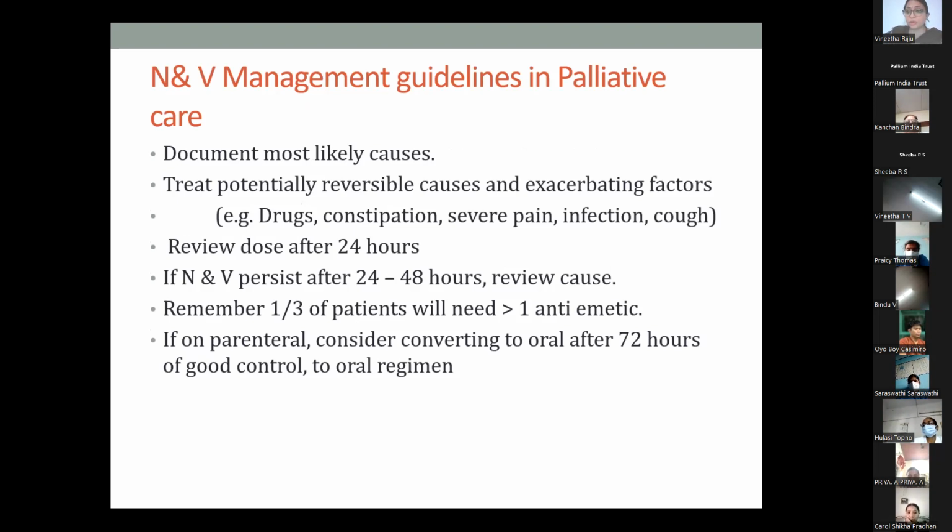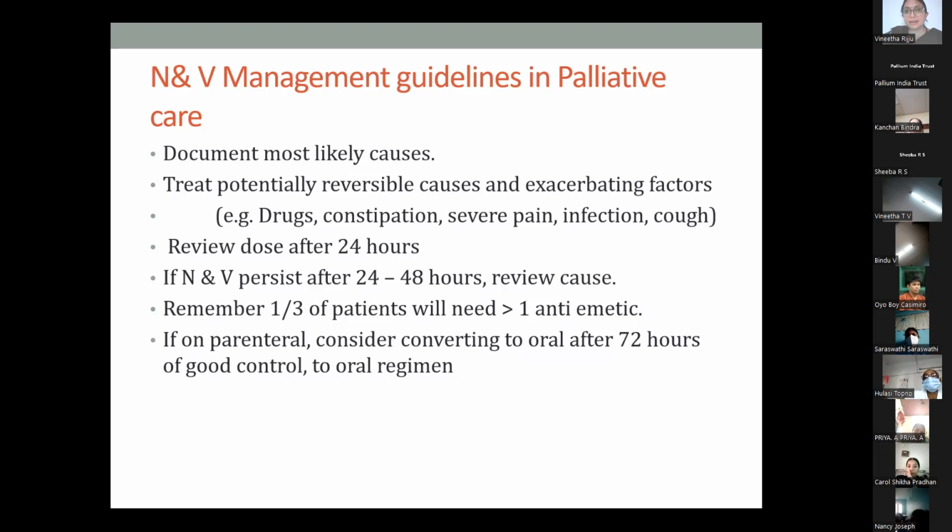Now you have to document, you have to make a proper assessment of the symptom, find out what exactly the cause is by good history taking, and once you know what the cause is, you can understand whether the reason for the vomiting is reversible or irreversible.